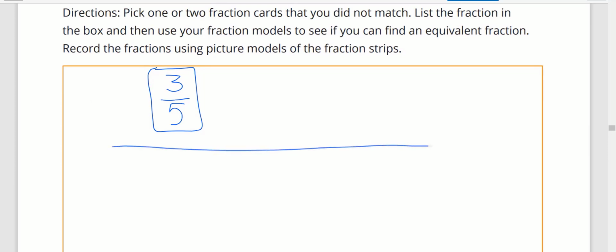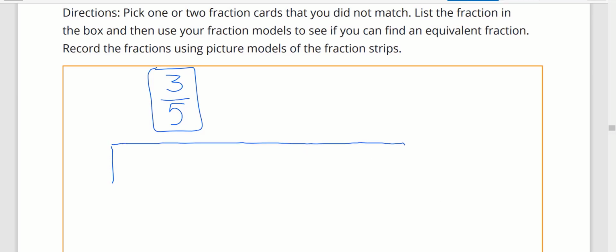So we will draw a whole one, and divide it into 5 equal parts.